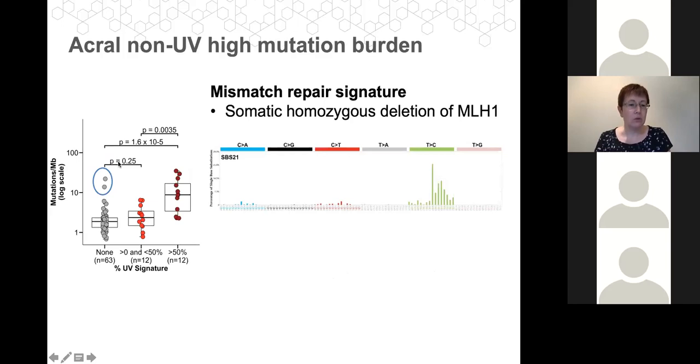For the acral outliers, this is not due to a germline mutation, but you can potentially explain it by looking at other mutational signatures. So one tumour has a mismatch repair signature, so it has a homozygous deletion of MLH1, and again, loss of a DNA repair pathway results in accumulation of mutations.